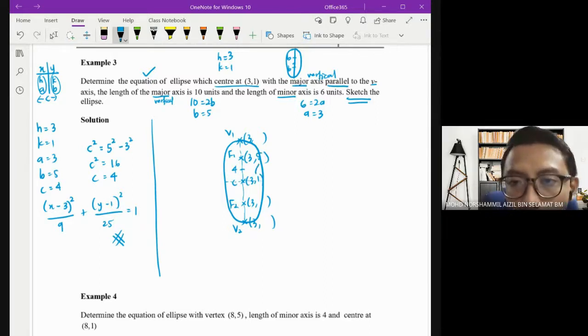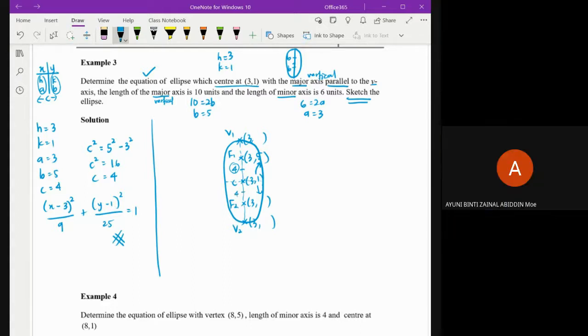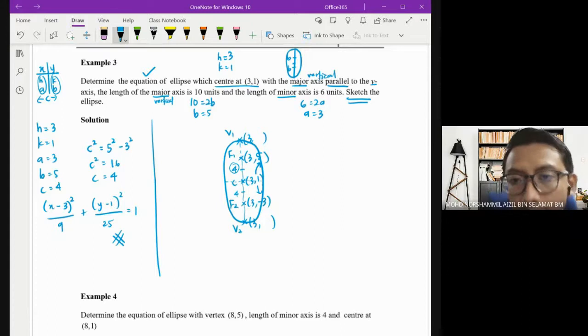Sebabnya ketinggian point ni adalah 1, dia naik 4 ke atas. So maksudnya akan jadi 3, 5. So kalau turun ke bawah akan jadi apa? Turun ke bawah 4 unit pula. 3, -3. Okay, how about vertex 1? Vertex, be careful. The distance between the center and the vertex is A or B dekat sini? A ke B?